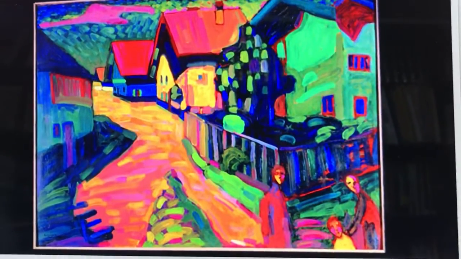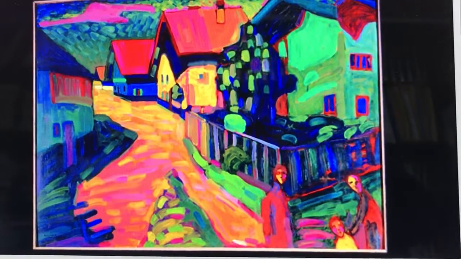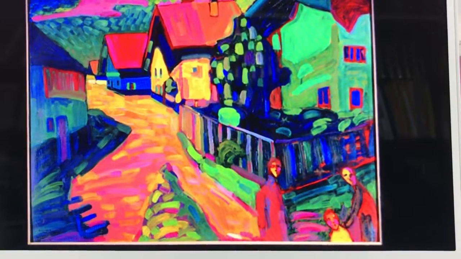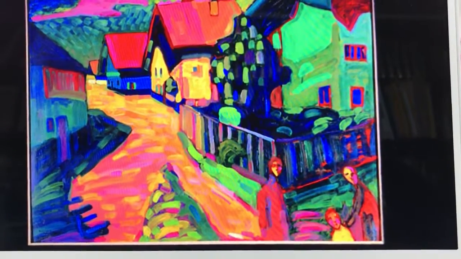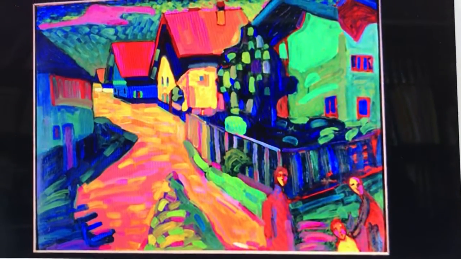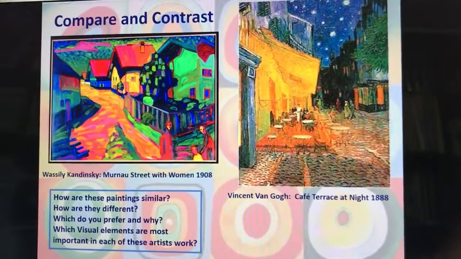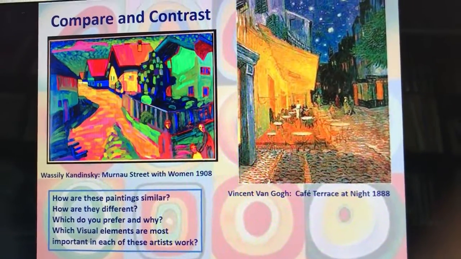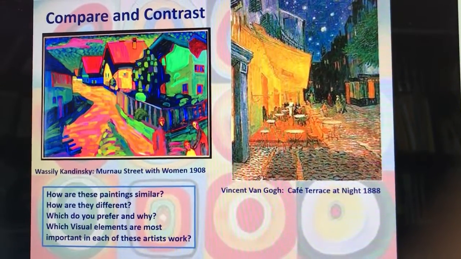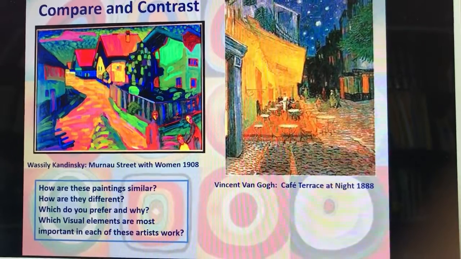Next one, early on he did a lot of landscape paintings, but you see the brush stroke is very choppy and short, right? Definitely from these paintings, he used a lot of bright tones of color. Then you can compare and contrast between them. The one on the left is done by Kandinsky, and the one on the right is done by the famous artist Vincent van Gogh.